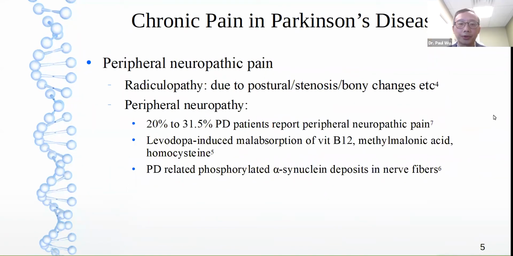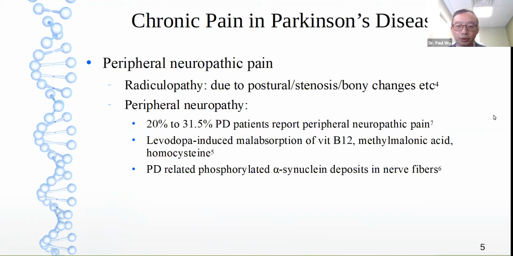In terms of peripheral neuropathic pain, there's radiculopathy, again due to postural changes or bony changes, arthritis, as well as stenosis. And there's also the traditional peripheral neuropathy, which occurs in about 20 to 31% of PD patients.